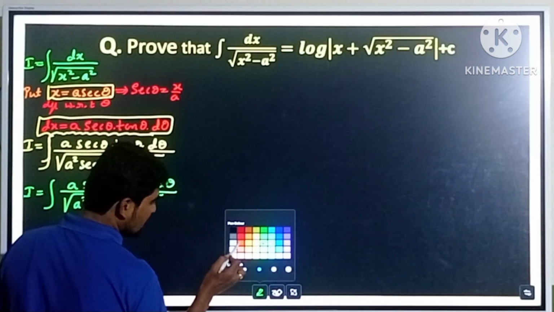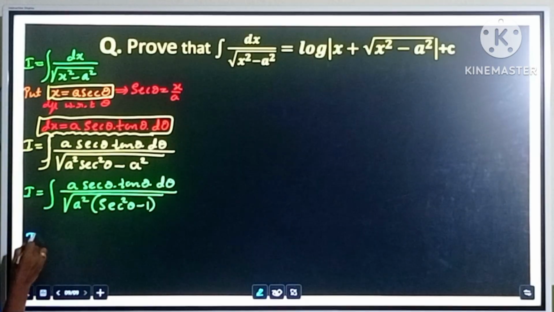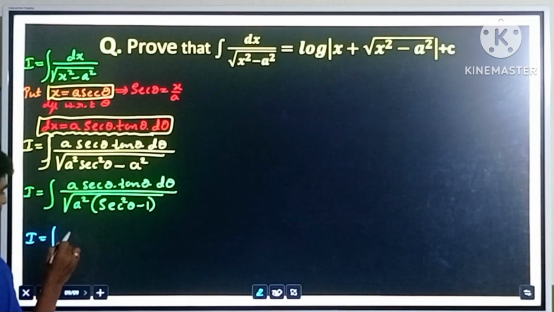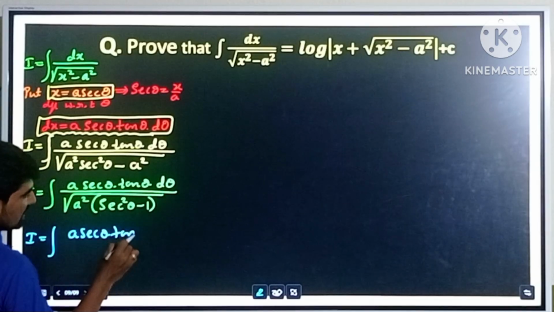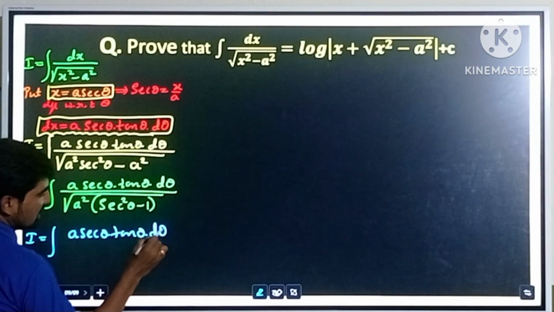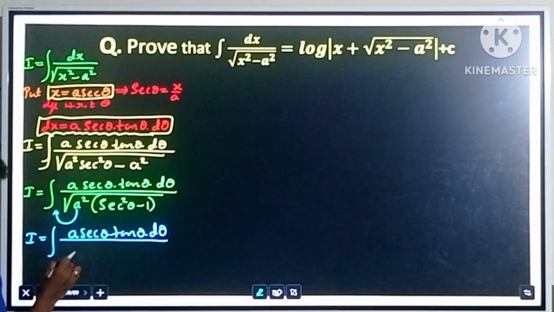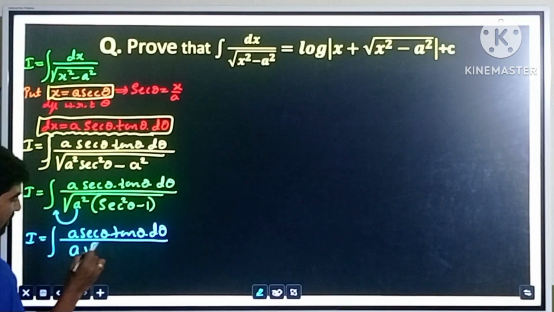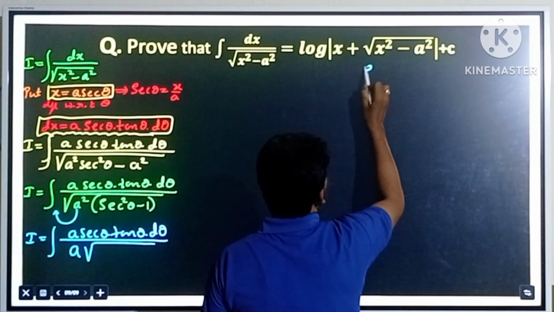So in the next step, I is equal to the integration of a into secant theta into tan theta d theta as it is, divided by square root of a square, which is a, into square root of, by using the basic identity, which one?